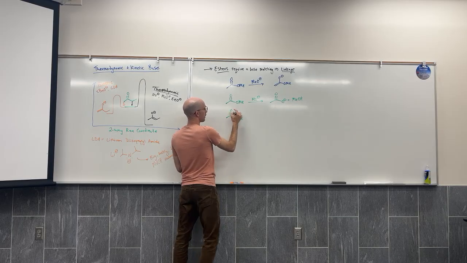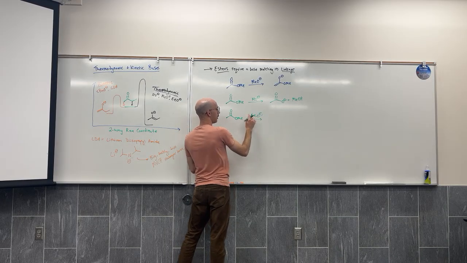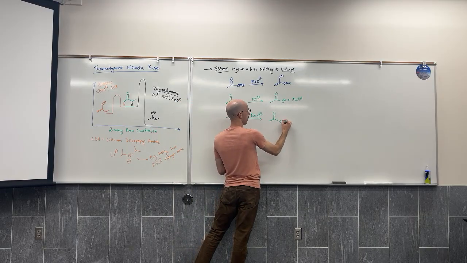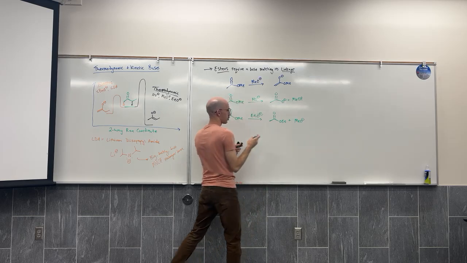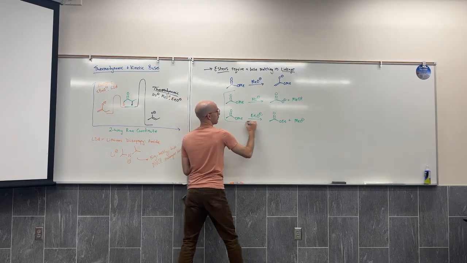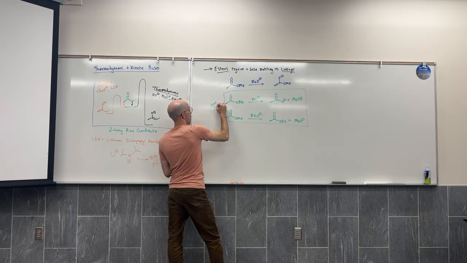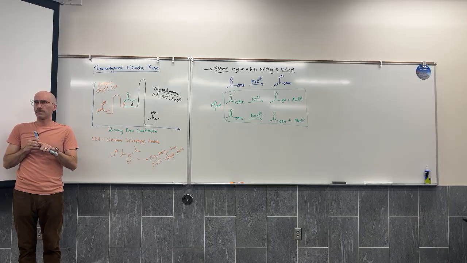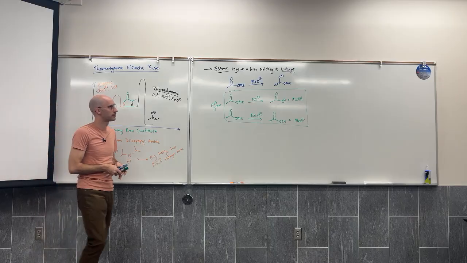In the same way that we don't want hydroxide, a methyl ester shouldn't use ethoxide either, because we risk transesterification. So when we use an ester, we need to be careful about what ester we use.